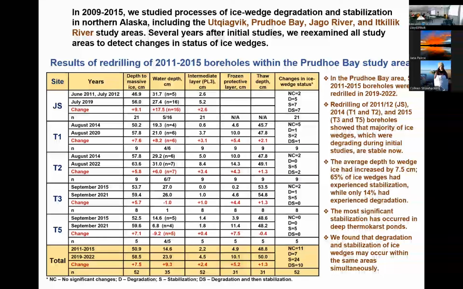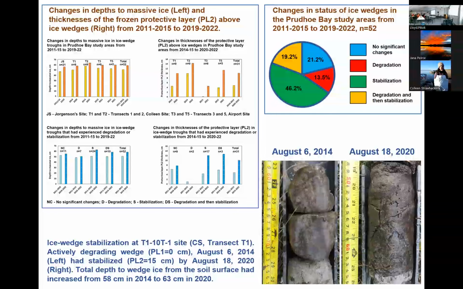And it looks like practically all ice wedges which were degrading 7, 8, 10 years ago are stable. At the same time, we could see some ice wedges which are degrading now. So, the data from Prudhoe Bay, where we re-drilled 52 locations. And you can see only 14 of the ice wedges are degrading now.